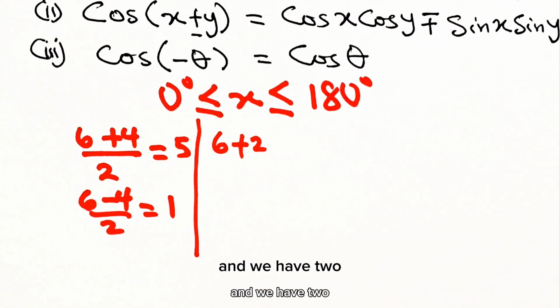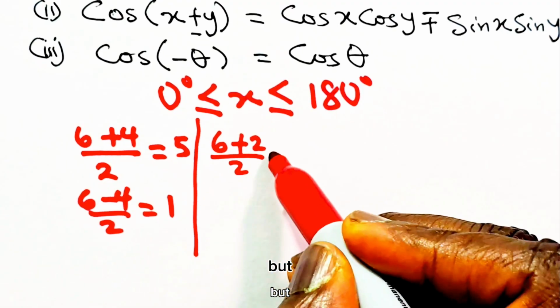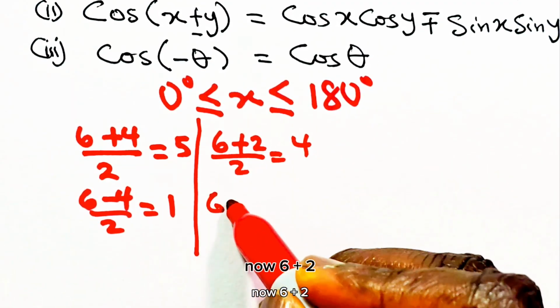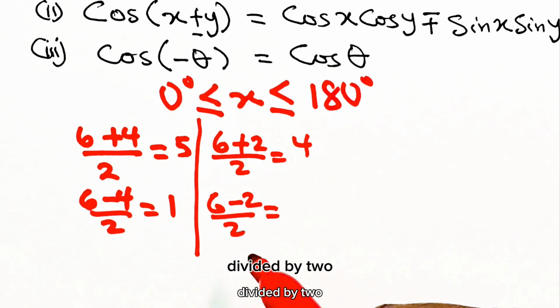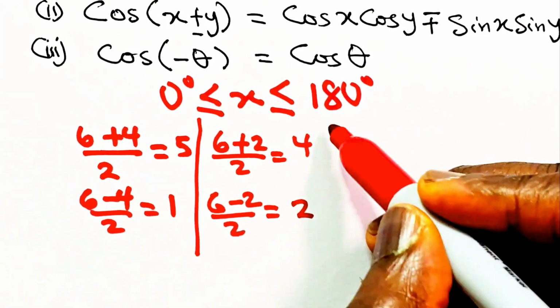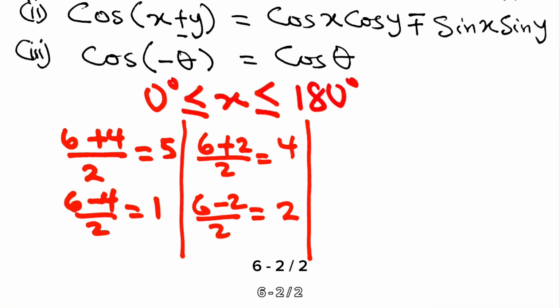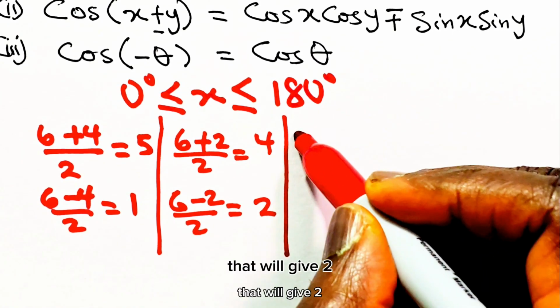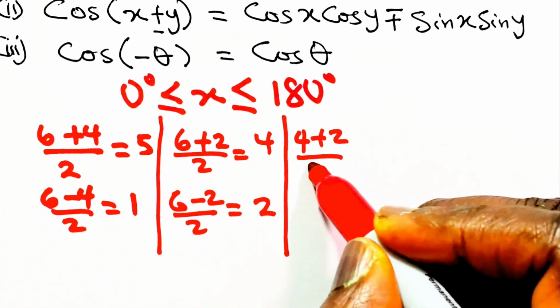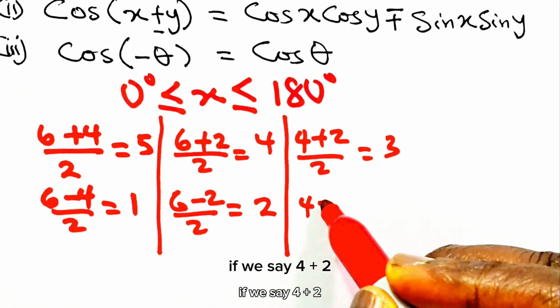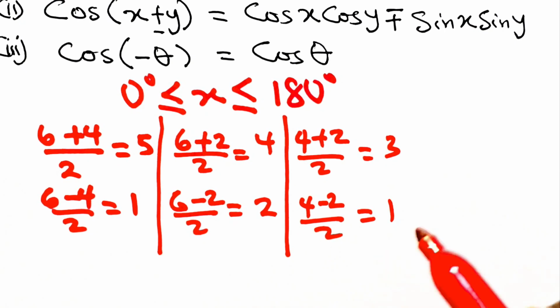We're going to see what we're trying to do. 6 plus 2 divided by 2 is 8 divided by 2, which gives 4. 6 minus 2 divided by 2 is 4 divided by 2, which gives 2. Another option is 4 plus 2 divided by 2, which is 6 divided by 2 to give 3. And 4 minus 2 divided by 2 gives 1.